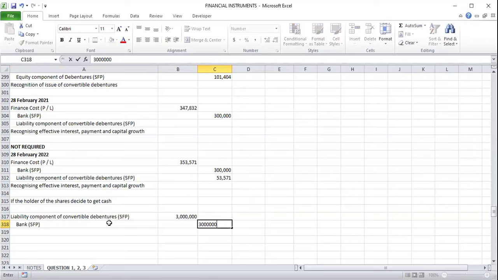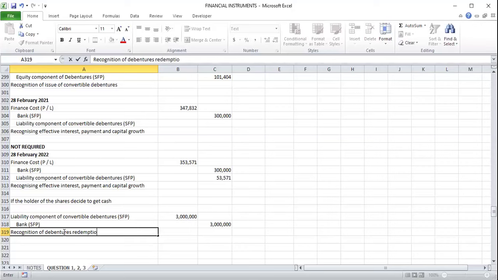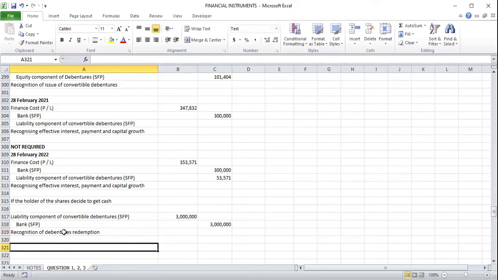Then, if the holder, that means repayments or recognition of debentures redemption. Right.